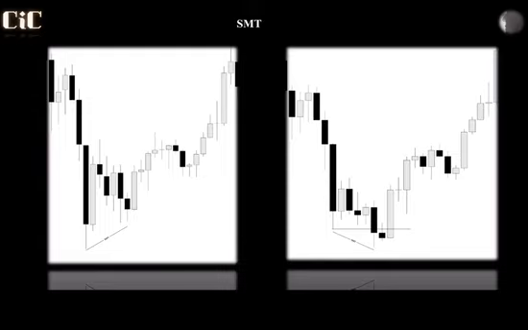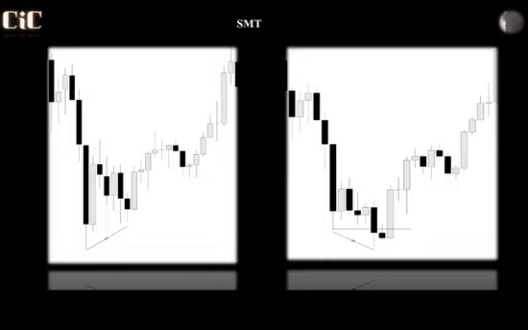And that usually indicates heaviness in one specific asset class over the other. And this is a concept first developed by Charles Dow back in the late 1800s. It is not an ICT concept. It is not a new magical SMC invention. It's old as the hills.